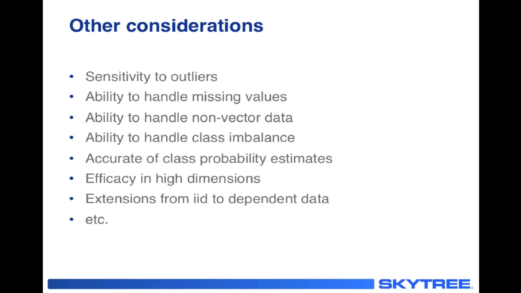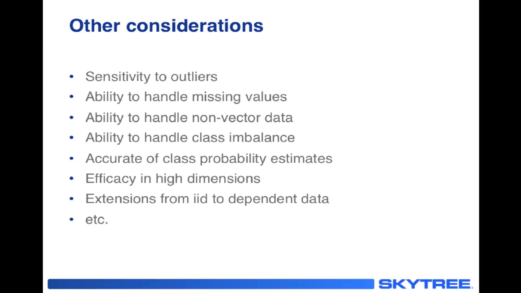Extensions, some can be easily extended from IID data to dependent data. So everything we're talking about in this webinar assumes IID data. When we talk about that data matrix, we're assuming that you can shuffle all the rows and it won't change anything. So if I reorder the rows, nothing changes. That's something you can do with IID data.